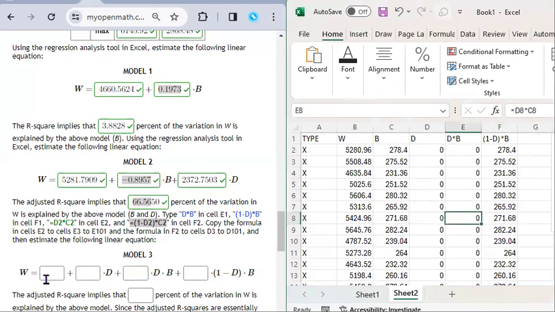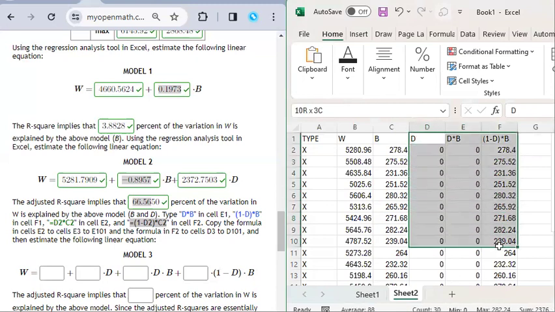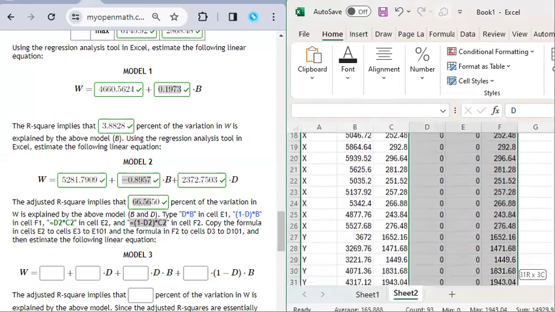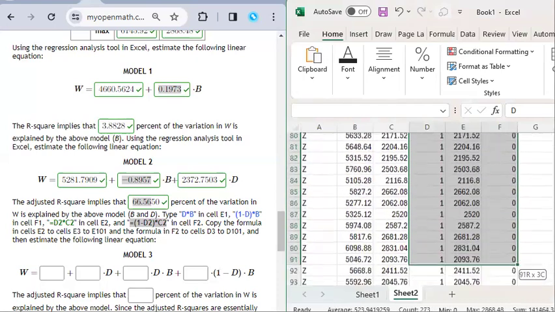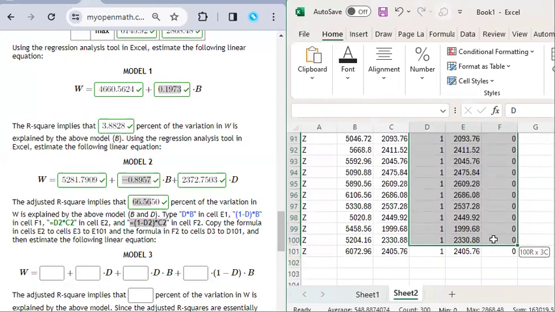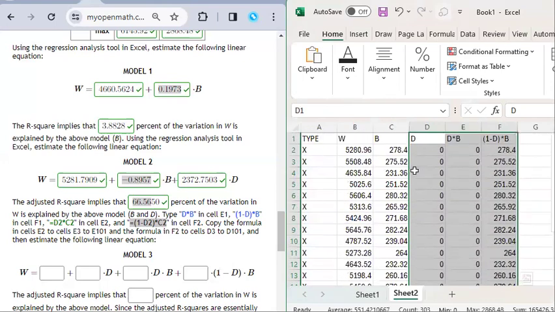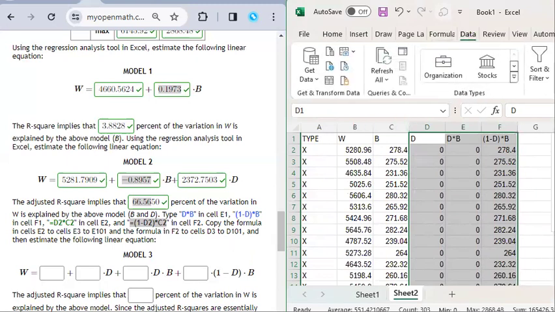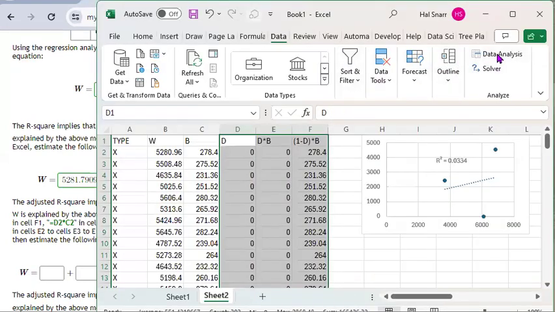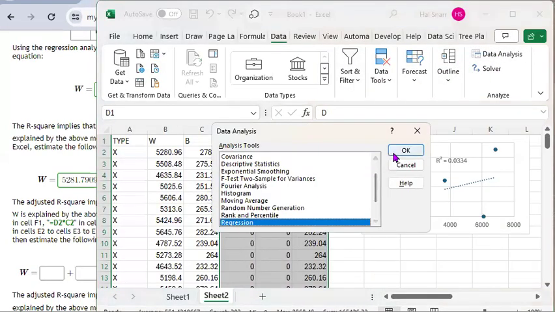Okay, so now we want to estimate this model here. My X's are these three columns. That's going to be my new X matrix. So let's click on data, click on data analysis, regression.